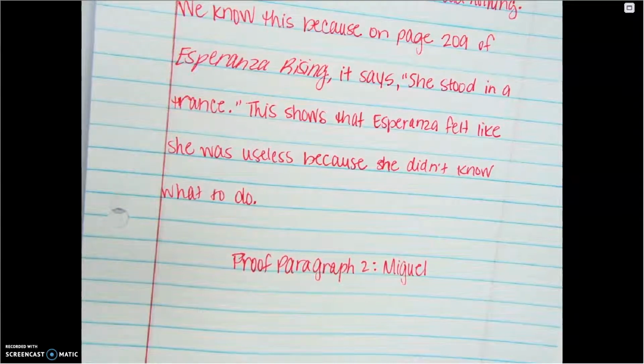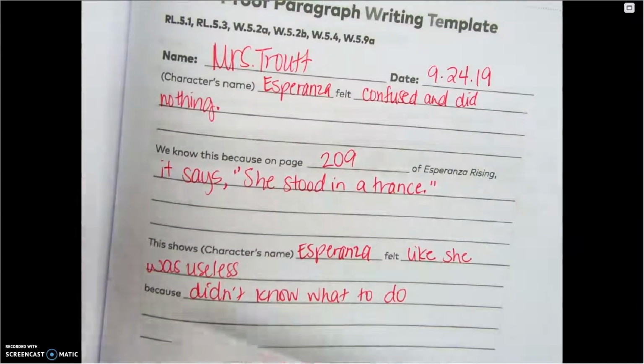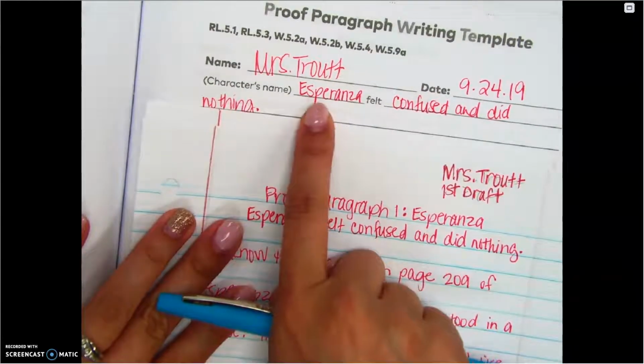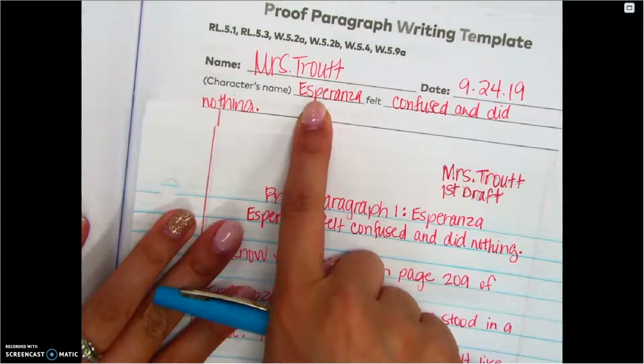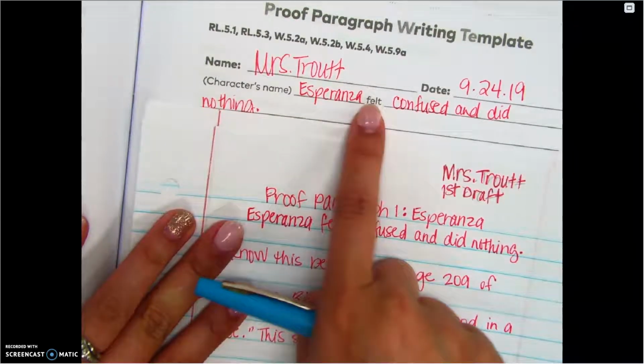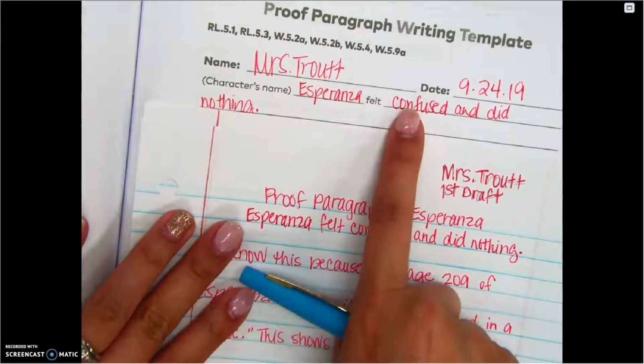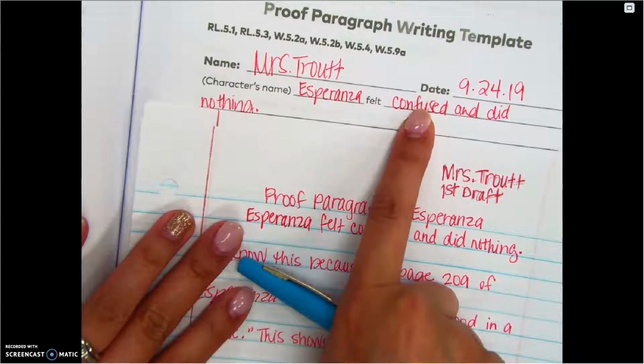Okay. So now we're going to incorporate every single thing that we did earlier, but this time we're applying it to proof paragraph 2. So instead of saying Esperanza, this time I'm saying my second character's name. So Miguel felt he wasn't confused. He jumped straight into action, so he actually felt pretty brave. He knew what he was doing.